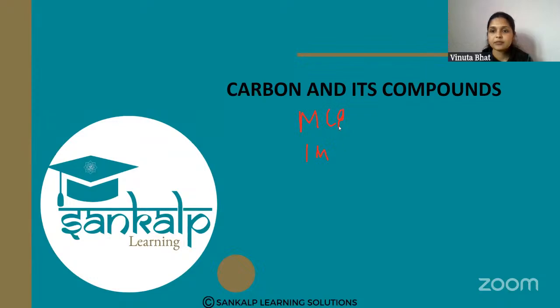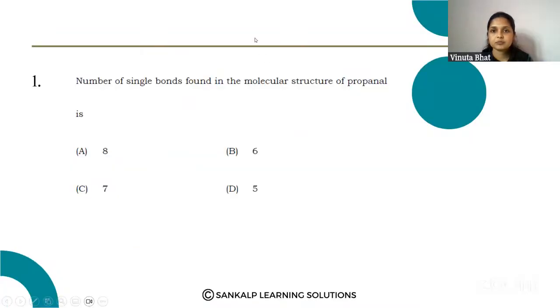Let us start with the first question. The number of single bonds found in the molecular structure of propanol is: option A 8, option B 6, option C 7, option D 5. Here is the molecular structure of propanol.